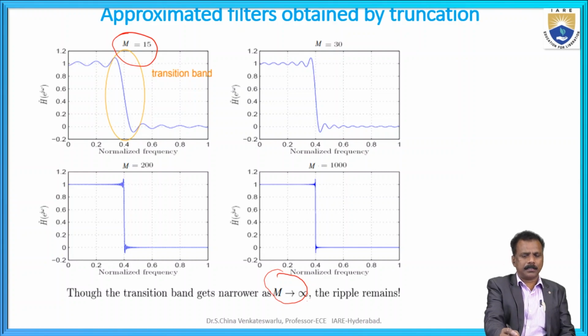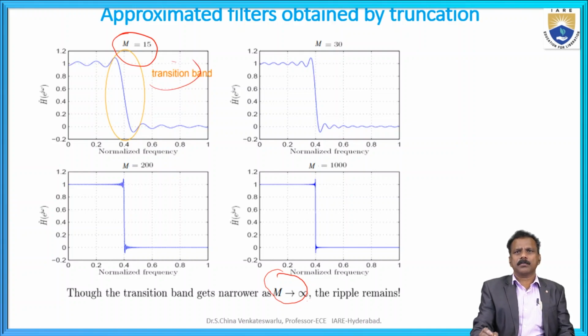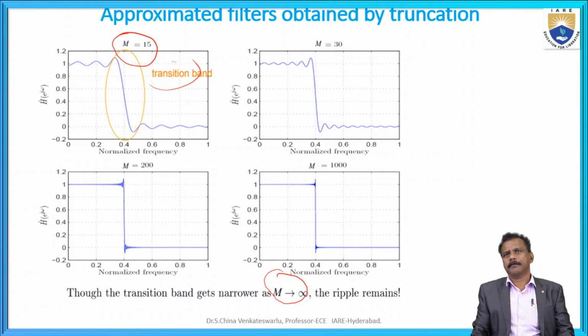Okay, so the transition band is easy to observe here. If we keep increasing the M value, where M is equal to 30, the normalized frequency goes from 0 to 1, and H of e to the j omega from 0 to 1.2.